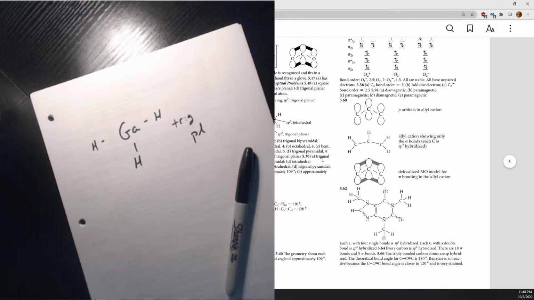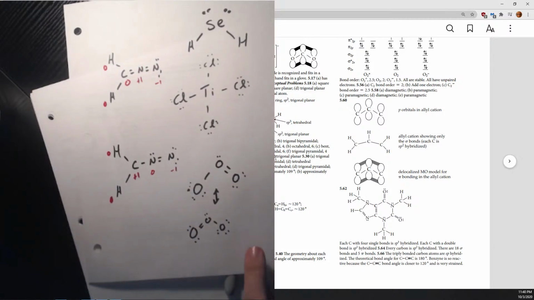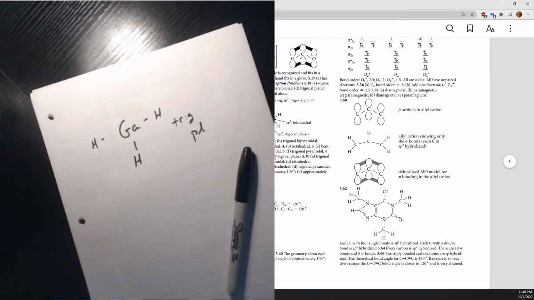We're on 28, I think. Bent, tetrahedral, bent, trig planar. Oh, I forgot to say, ozone is bent. I was too distracted by the fact that it was an interesting molecule. Okay, so, yep, trig planar. I got that right. All right.